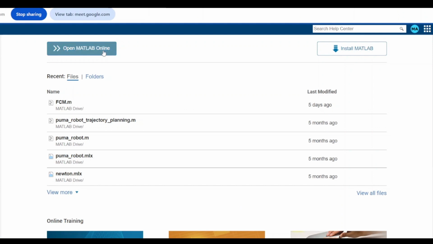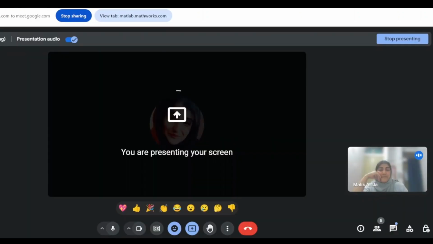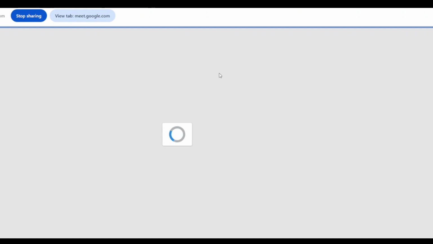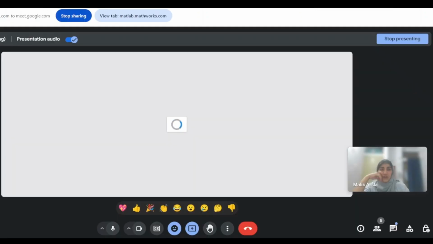Is my screen visible? No, for me it is not. Just some scrolling is happening. Maybe there are bandwidth issues. Okay, let me turn off my camera.